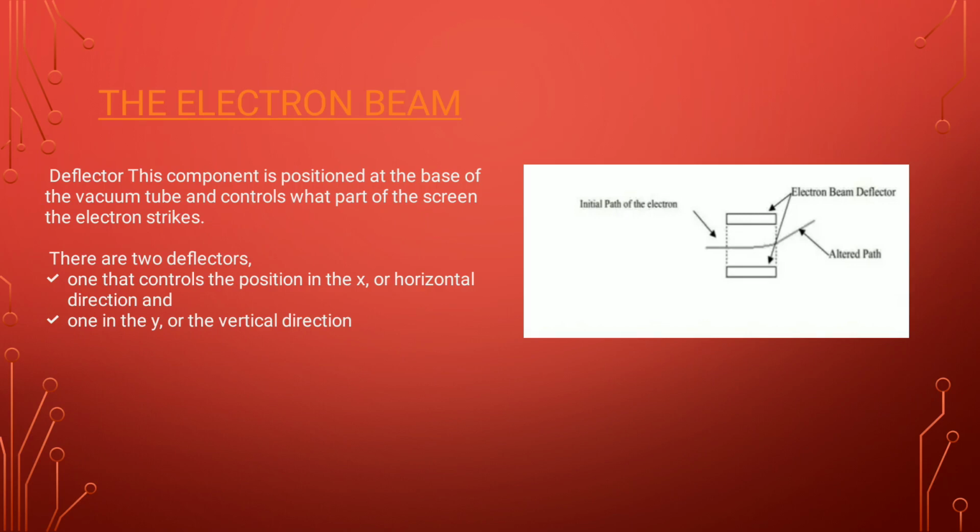The straight line that was passed moves and it deflects. It is positioned at the base of the vacuum tube and controls what part of the screen the electron strikes. There are two types of deflection, one that controls the position in the x-axis or horizontal direction, and the other in the y-axis, the vertical direction.